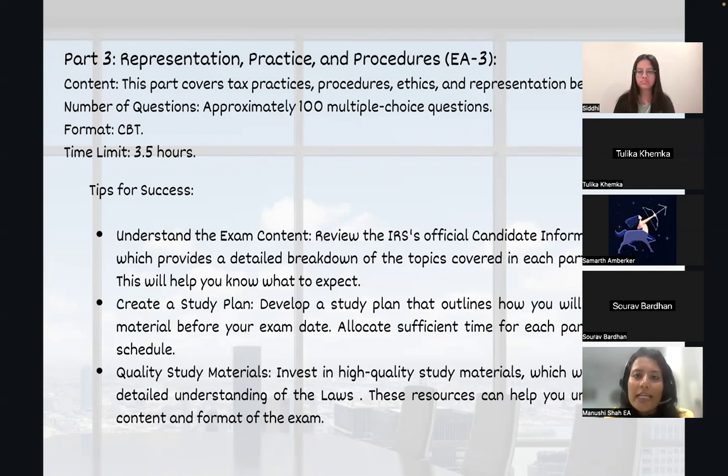Now, as Siddhi mentioned, we don't know which question has 1 mark, 2 marks, 3 marks, or 5 marks. Out of these 100 questions, in each part, we have some experimental questions. Those questions don't have any marks. Based on the upcoming updates and the latest scenario, they will examine whether you are aware of the latest trends or not.